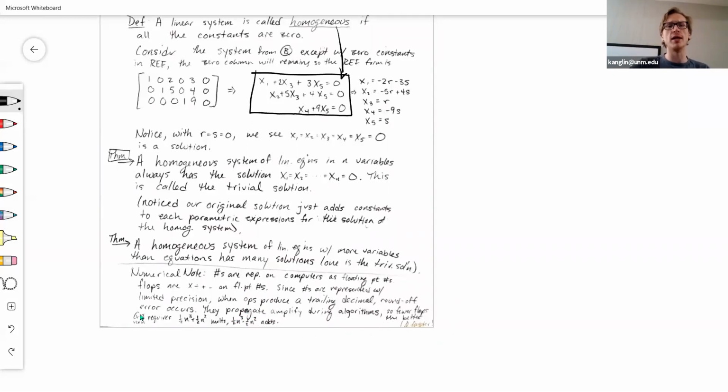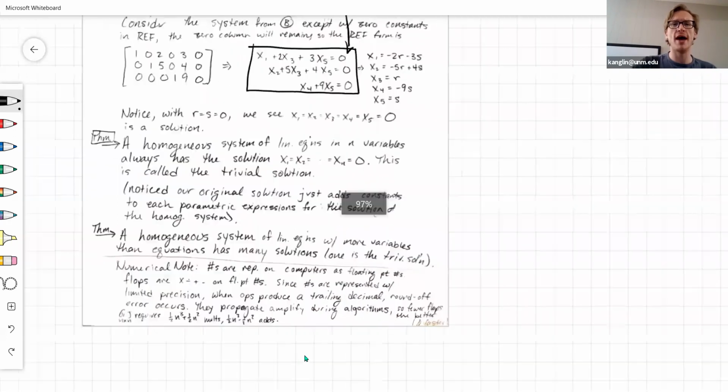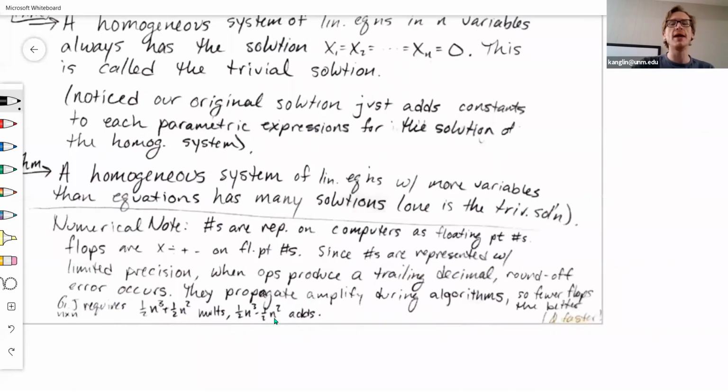It turns out this Gauss-Jordan elimination to solve a system the way we have in the case of a unique solution really scales like, if you have n equations and n unknowns, 1/2 n cubed plus 1/2 n squared multiplications, and 1/2 n cubed, sorry if you can't read this, minus 1/2 n squared additions. So if you were to add up how many times you'd have to add, subtract, multiply or divide any two numbers, it would depend on the number of equations and unknowns you have, but it's something like n cubed.